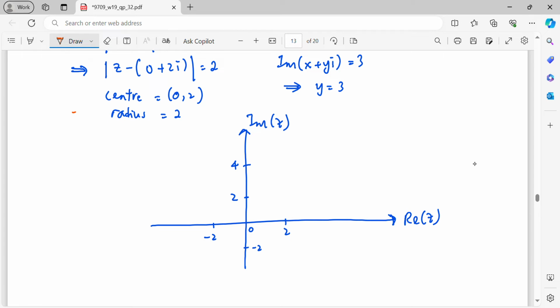So now (0, 2), this is my center. Radius is 2 means 2 units up, 2 units left and right, and also down. So my circle will pass through all these points.